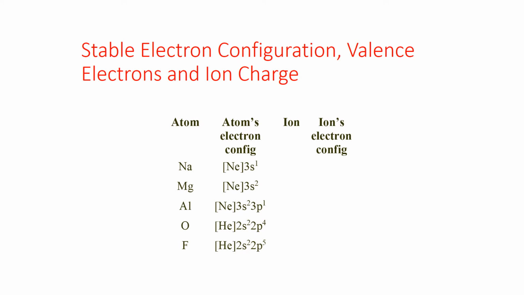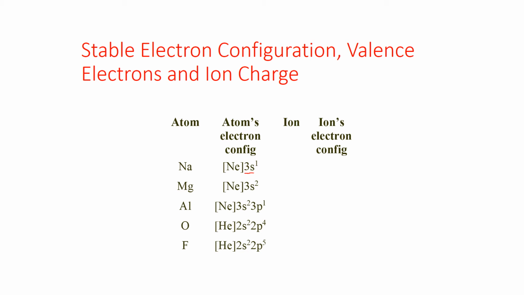So let's start looking at some of these ion configurations. We'll start with sodium. Sodium is in the 3rd row. It's in column 1, so we know it has 1 valence electron, and that valence electron is in the 3rd energy level, so 3s1. We also know that all those metals in the first column will, when they chemically react, tend to lose 1 electron to become an ion with a +1 charge.